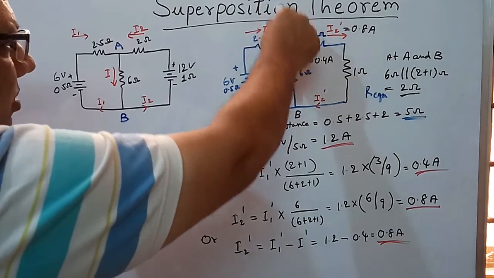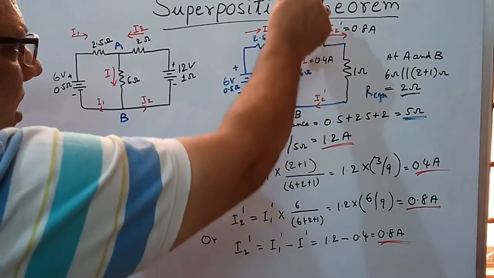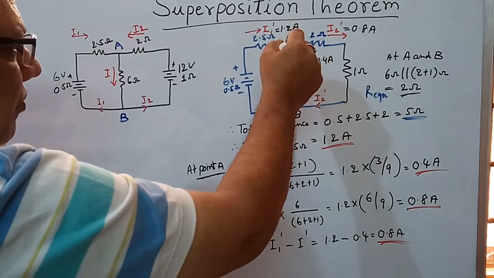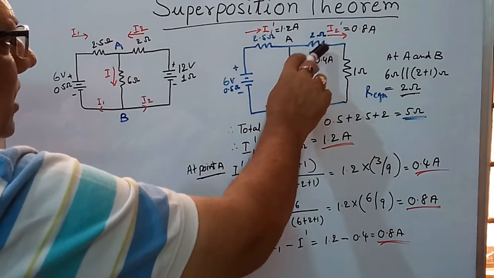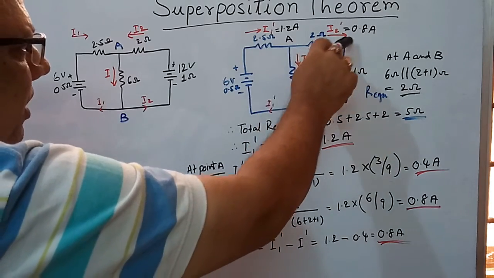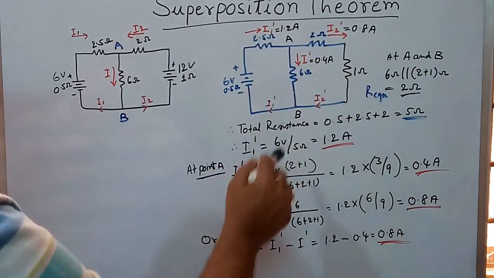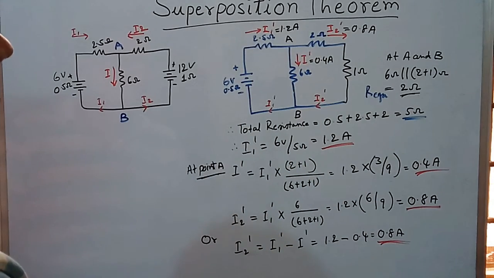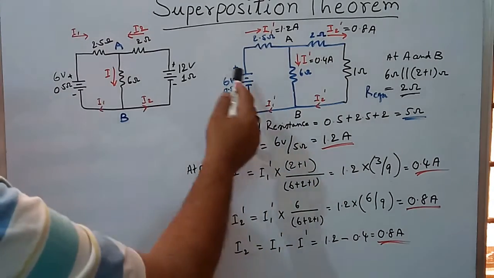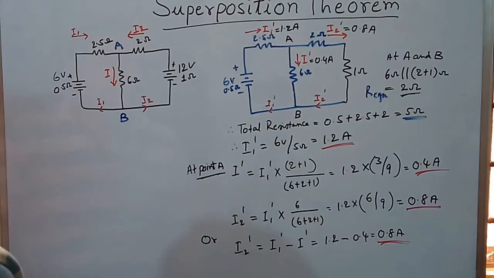The current will be split into two branches: I1 dash, which would flow from point A to point B, and I2 dash, which will be flowing from point A into the network. This is the current direction for this network when a 6 volt battery is acting.